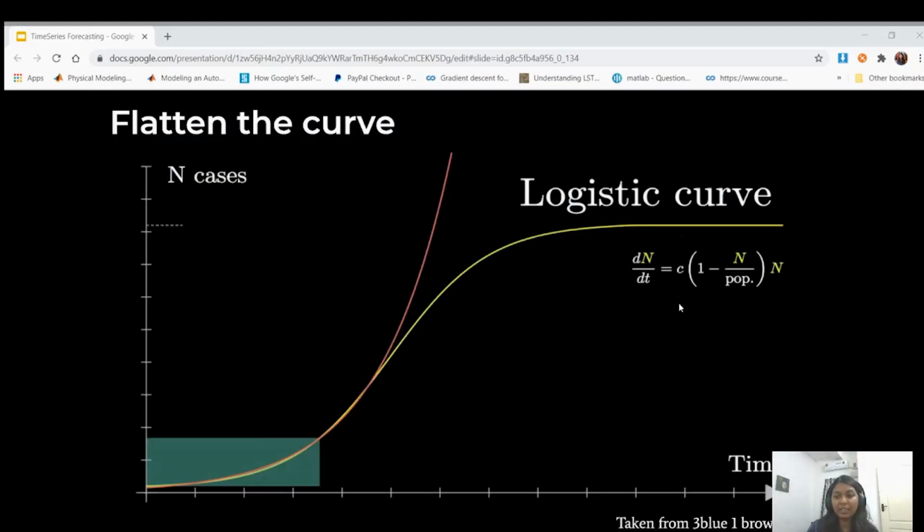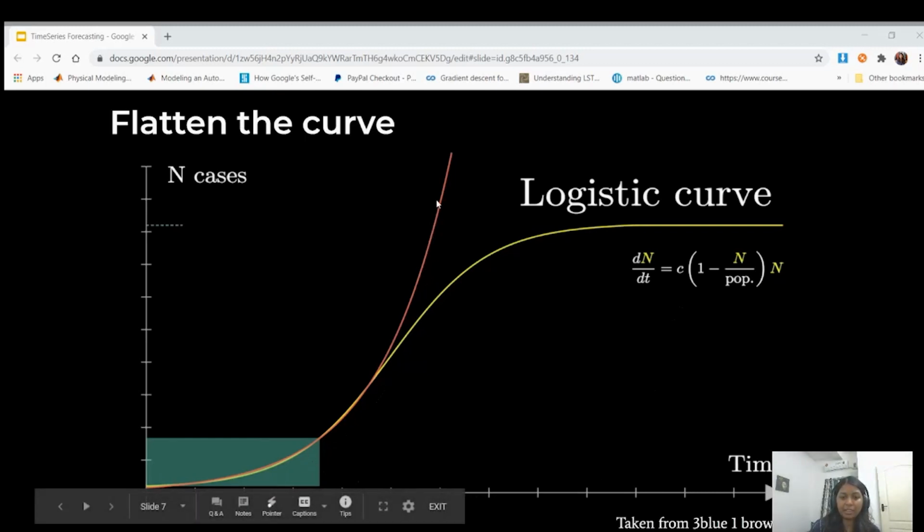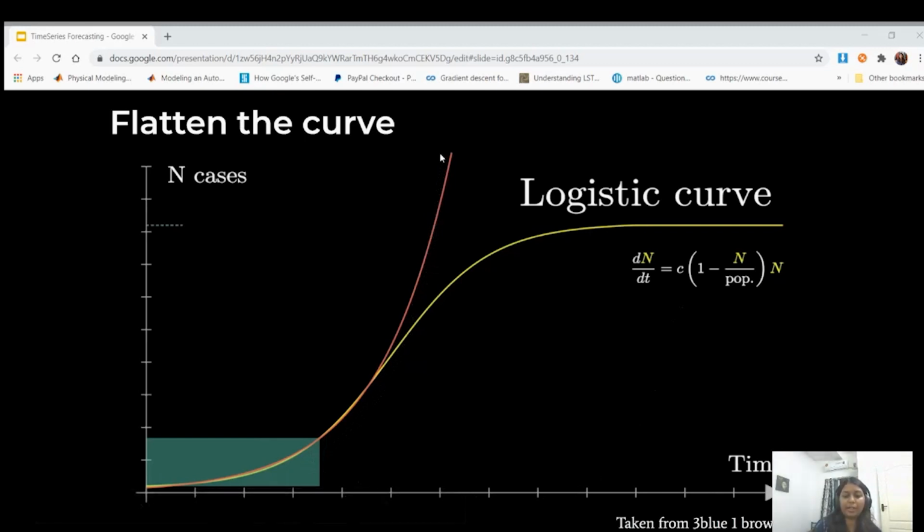So why is flattening the curve important? One of the most important factors of coronavirus was the rate at which it was spreading. The reproductive rate, R0, is almost 2. If we allow it to expand in its natural way, it will reach this exponential graph, it will go on the red path.